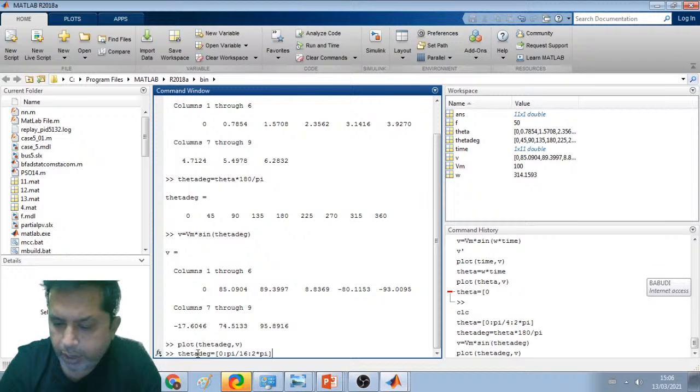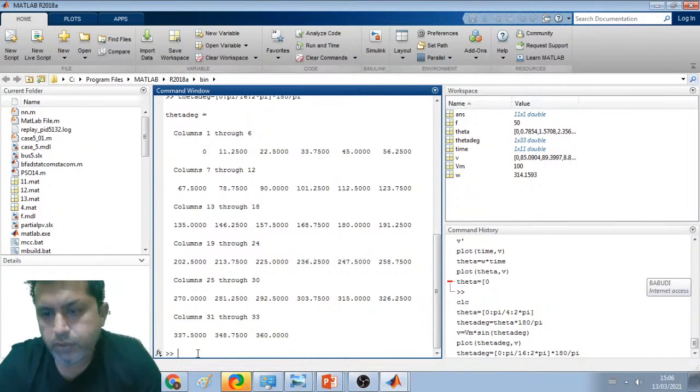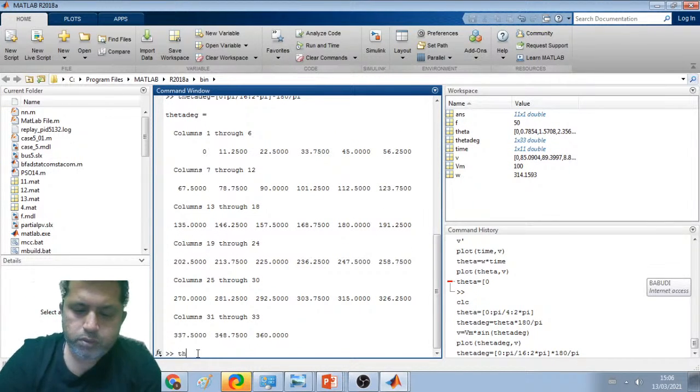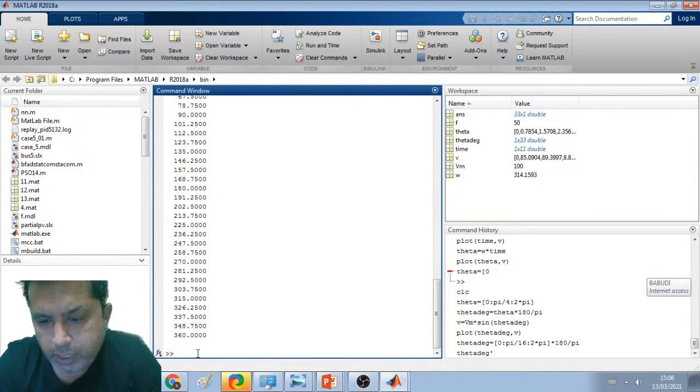Okay, this is in radian, remember. So I will multiply this by 180 divided by pi. Theta degree transpose, these are the values.